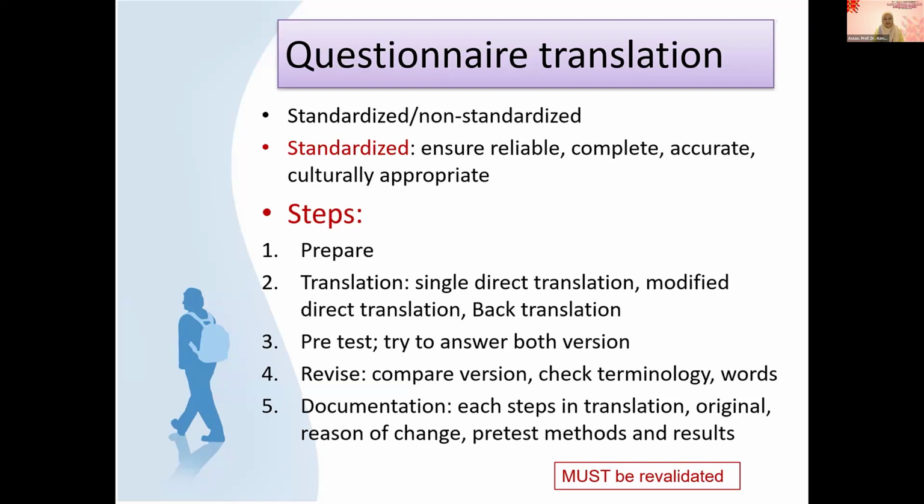But the best way is that you translate from English into Malay and then you back translate from Malay into English. So meaning that there are two ways of translation, forward and backward. Forward, English to Malay, and after that Malay into English back. That one is the best.